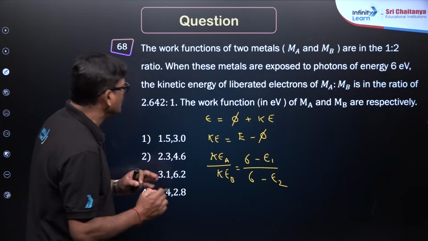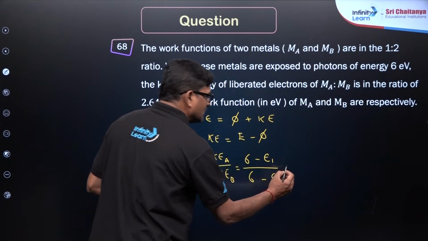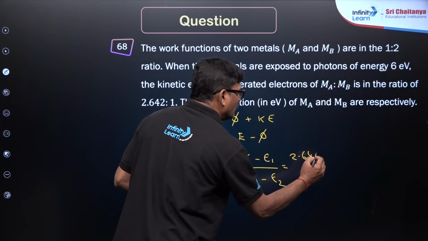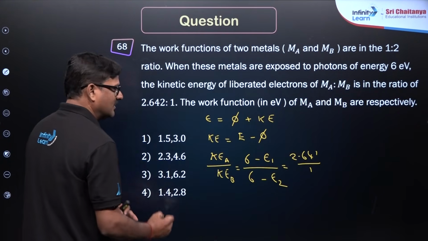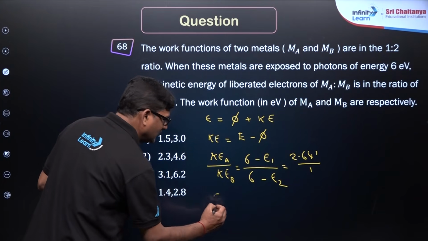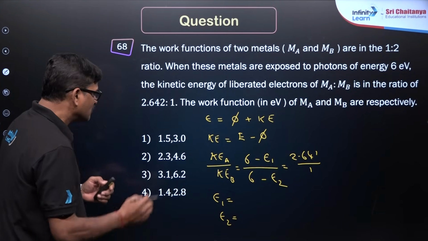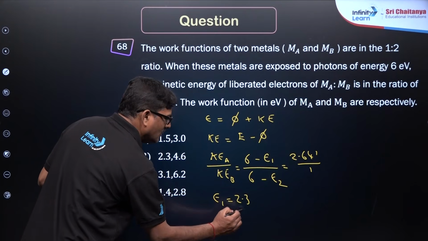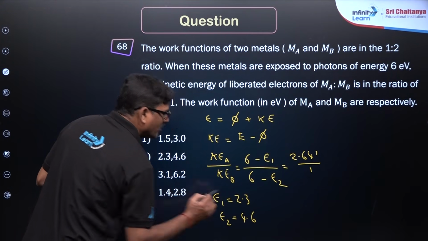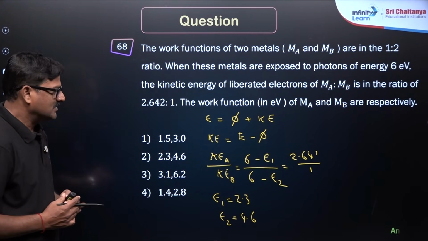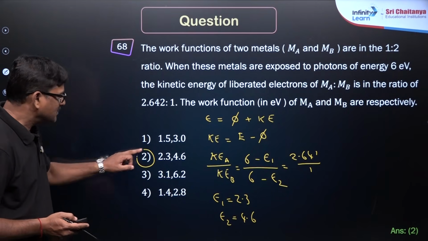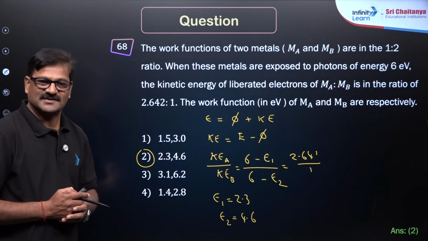So that ratio is given as 2.641 upon 1, and on solving, you are going to get E1 as 4.61 and E2 as 2.3, in the ratio 4.61:2. So I just want to say option 2 is the correct answer for this question.